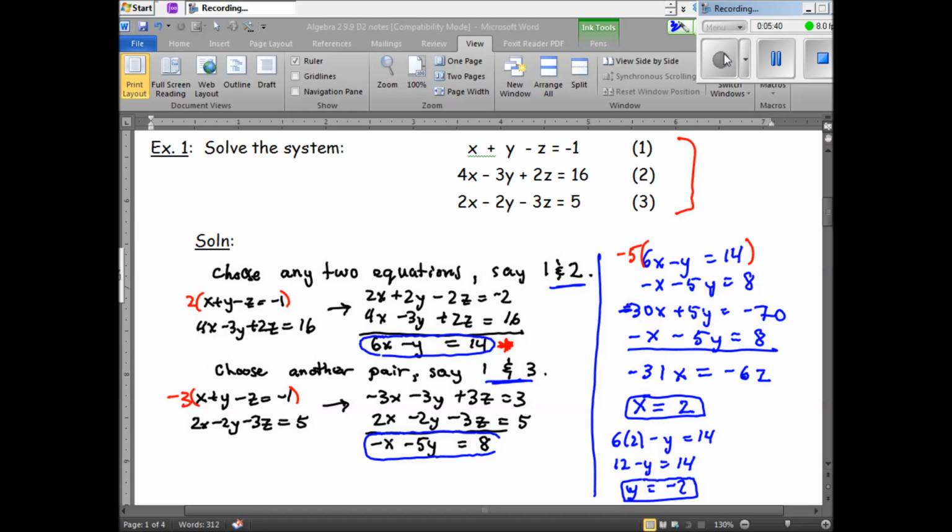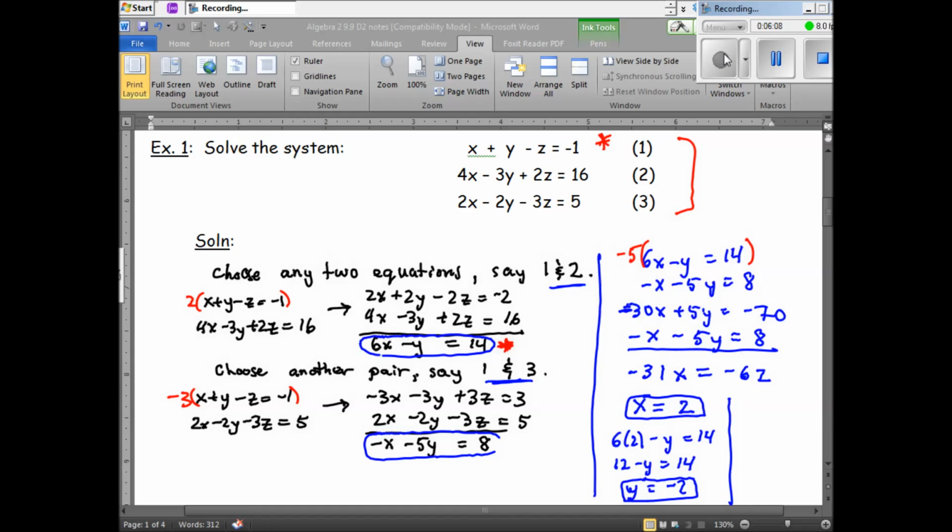Okay, so now we can go all the way back to the very beginning and use one of the equations that we started with at the very top. Out of these three, probably the simplest one is the first one. So this is the grand finale now. We have x plus y minus z equals negative 1, remember, from the beginning.